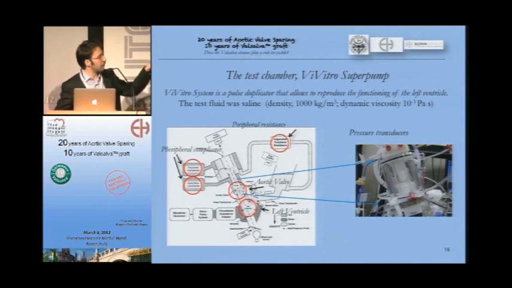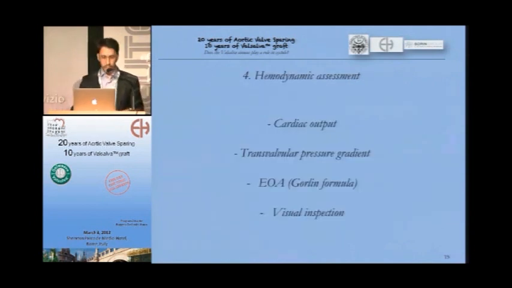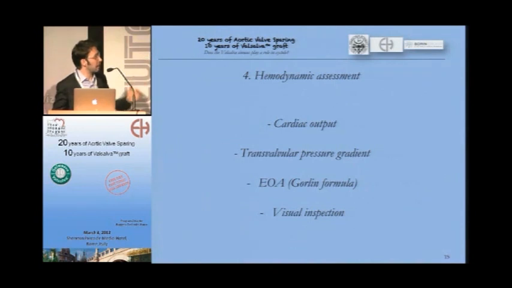Where the arrow is, we can see the location of the pressure transducers, which are upstream and downstream of the valve, and the electromagnetic flow meter, which is distally positioned from the valve. The hemodynamic performance was assessed in terms of cardiac output, transvalvular pressure gradient, effective orifice area calculated from the Gorlin formula, and visual inspection.